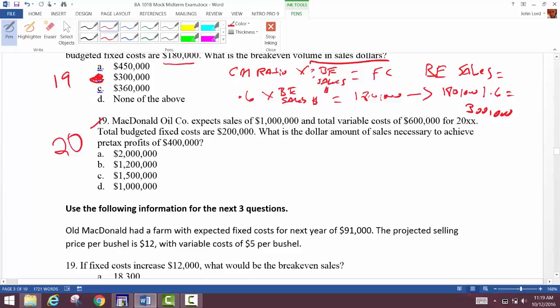And all we're doing here now is a variation on what we just did, but now they're adding in target profit, aren't they? Okay, so all we have to do is add target profit to our fixed costs.